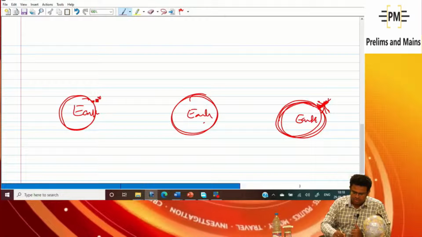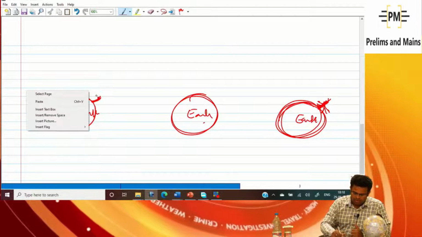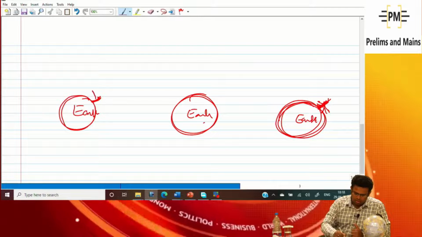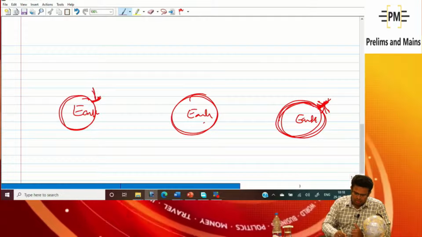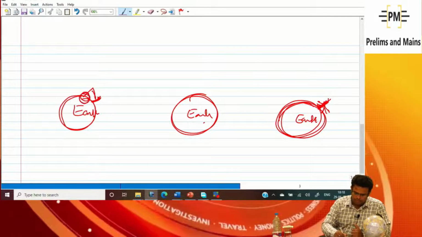If I am sending the signal to the low Earth orbit, it will suddenly reach the low Earth orbit and return back to a very small area.